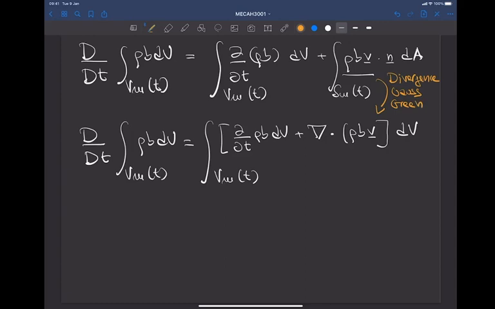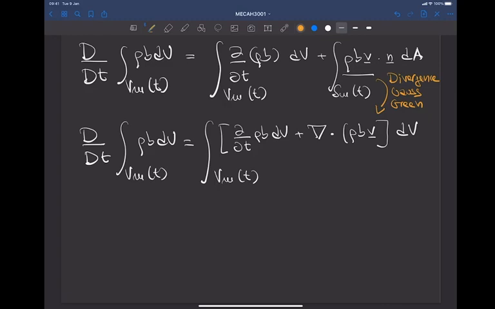Okay, so now you're probably wondering what we can actually do with that. And so what I'm going to show you before I close this video is the power of this Reynolds transport theorem to derive the conservation principles.